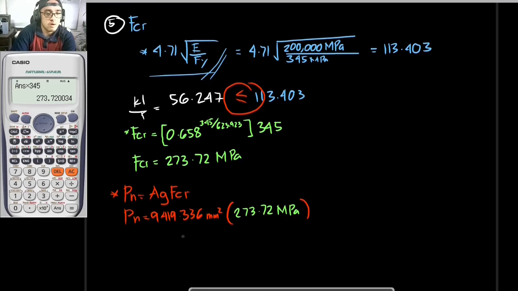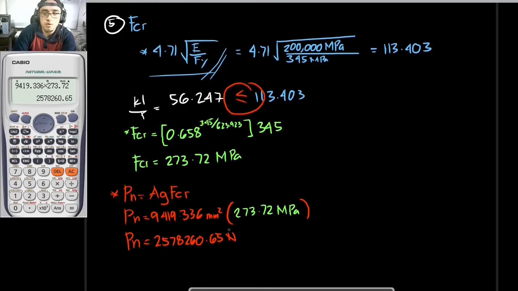Solving for that, 9419.336 times 273.72, our value for PN would be 2578260.65 newtons.